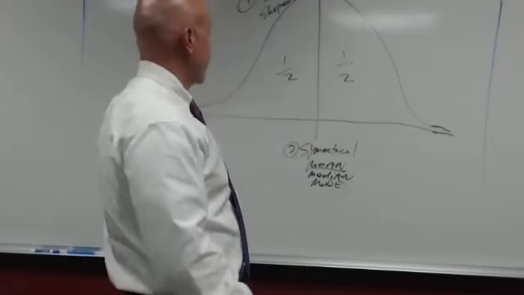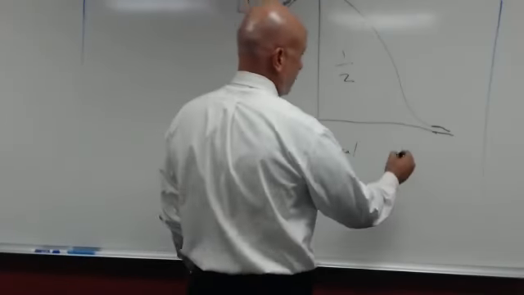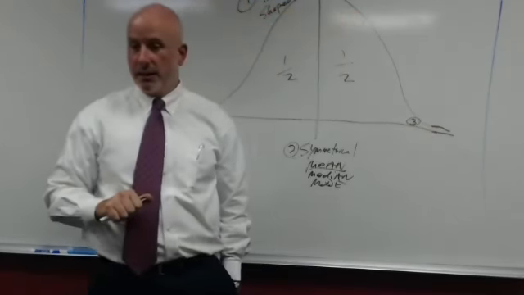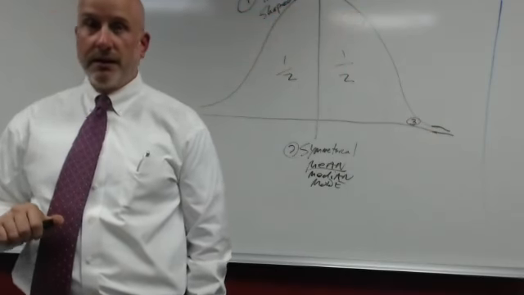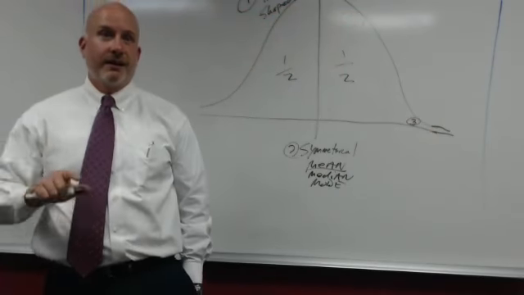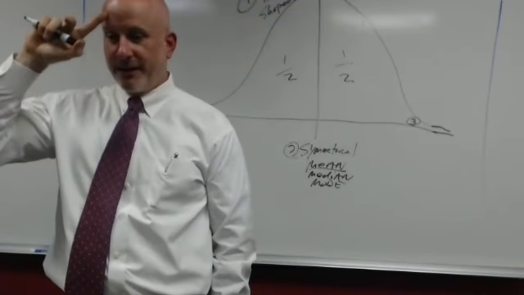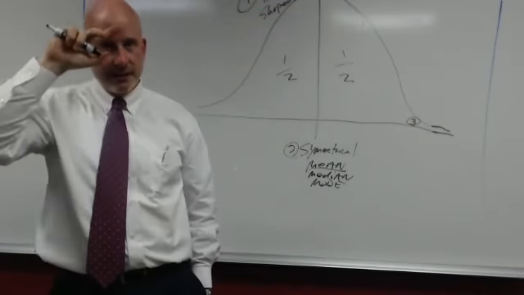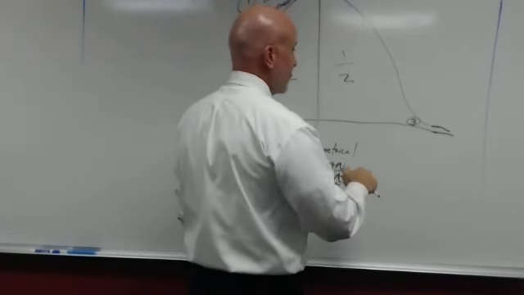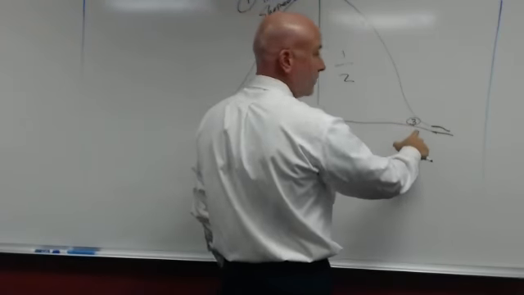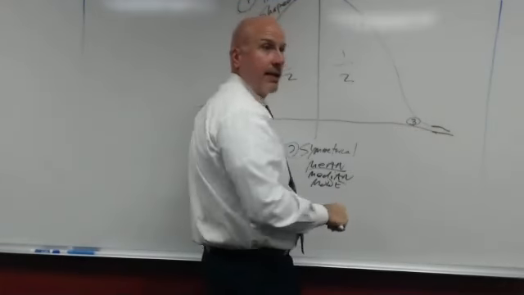And what is the next characteristic here? Give it your best. Asymptotic. Good job. Asymptotic. What this means is that as the distribution comes down, it never truly touches the x-axis.